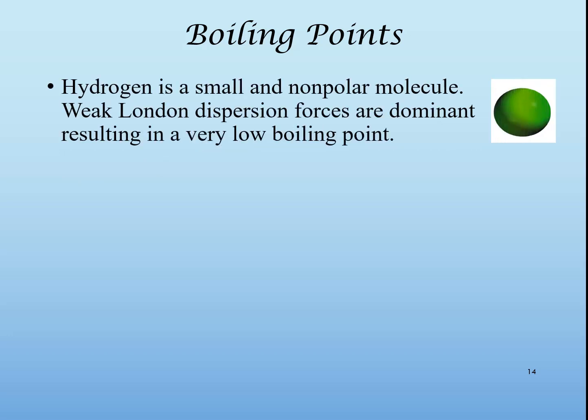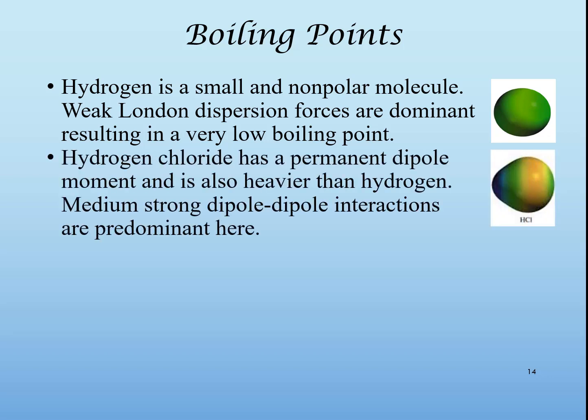The hydrogen is small and a non-polar molecule, so the dominant forces are London dispersion forces, resulting in a really low boiling point. In the case of hydrogen chloride, we have a permanent dipole as shown in the diagram, the left side being the hydrogen atom and the orange part on the right being the chlorine atom. We have a medium strong dipole-dipole interaction resulting in a significantly higher boiling point compared to hydrogen.